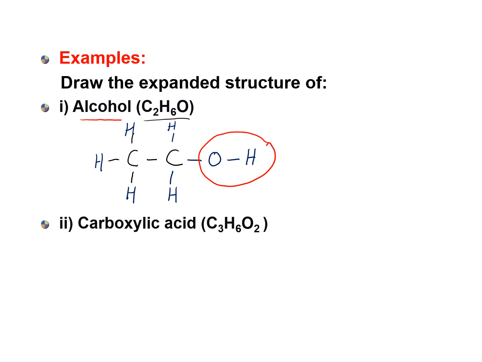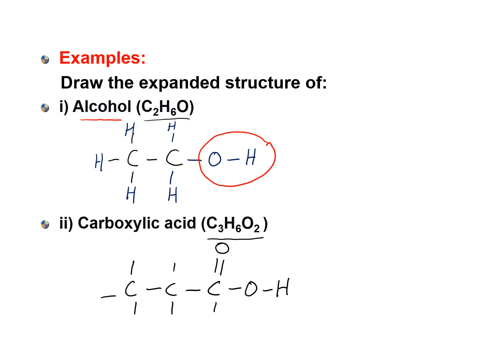Next, for carboxylic acid, there are 3 carbon here, so we draw 3 carbon, and each carbon must have 4 covalent bonds. Okay, and then since it is carboxylic acid, there should be C double bond O, OH.